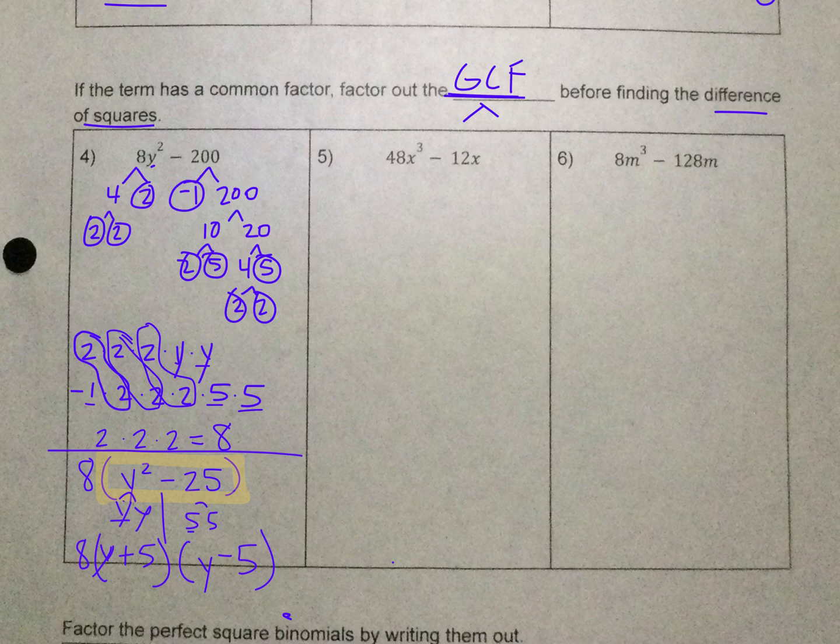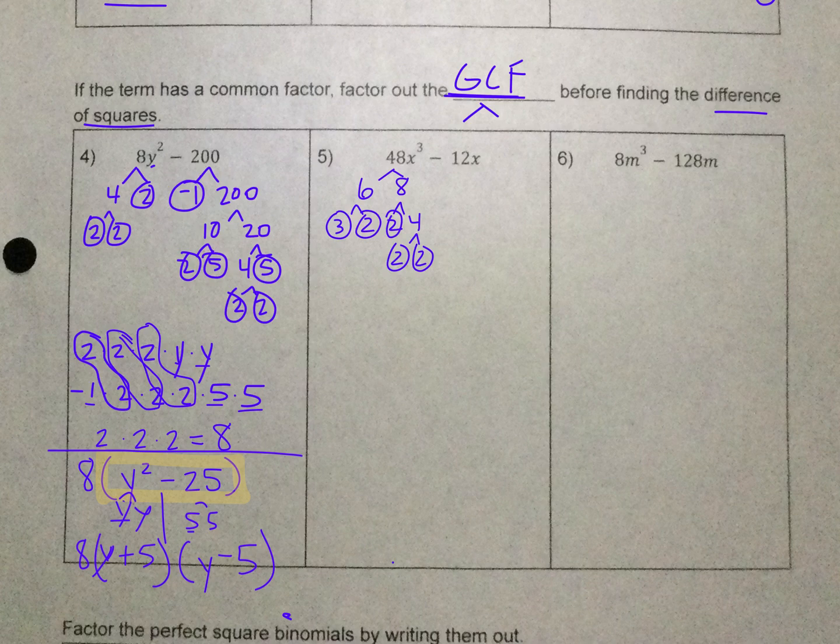Let's do 48. Break it down. 48 breaks down into 6 times 8. That's 3 and 2 prime, 2 and 4, 2 and 2. Okay, got all that broken down.